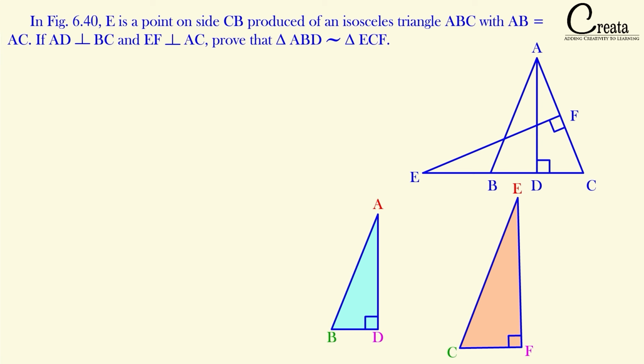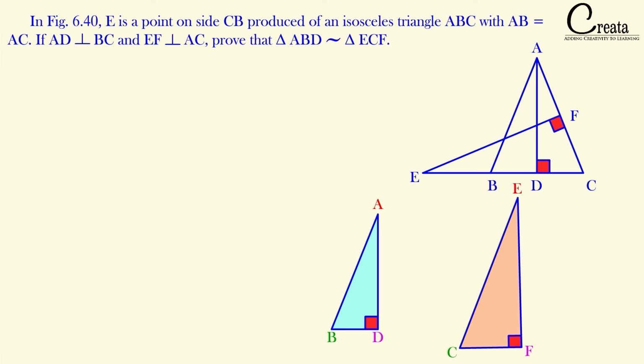So here we have to prove both the triangles are similar. That we can do by proving any two angles of both the triangles as equal to each other. Then we can apply the angle-angle criterion and show the triangles are similar to each other. Here angle D and angle F are both 90 degrees, that is, they are perpendicular to the respective side.